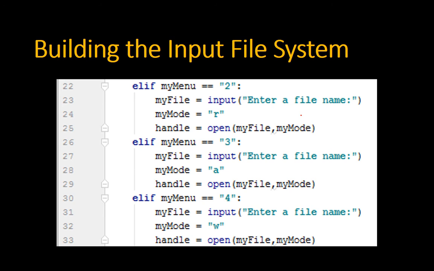That is absolutely correct, but the W mode overrides the plus sign and it'll still erase everything that was there. So use the W mode only when you're going to create a file, and use R or A and the plus sign as appropriate when you want to append a file or work with it.